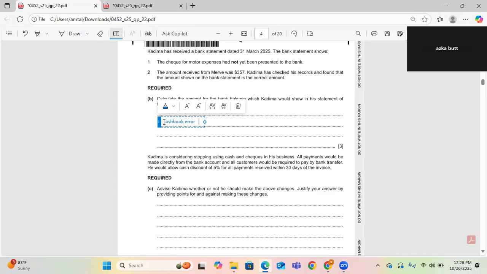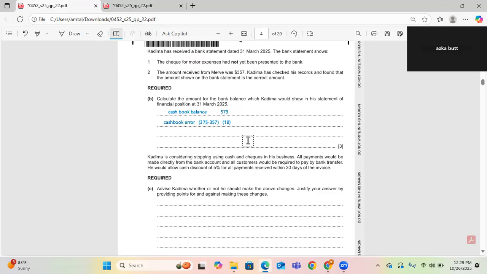Cash book error. So if you will see, this is 375 minus 357. This is equal to $18 and we need to deduct this $18.